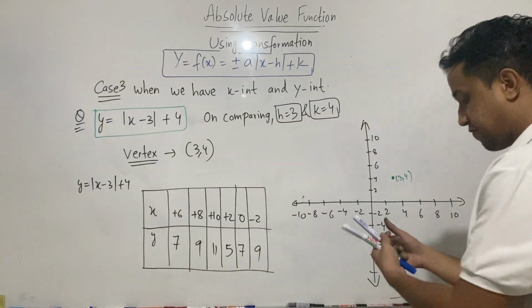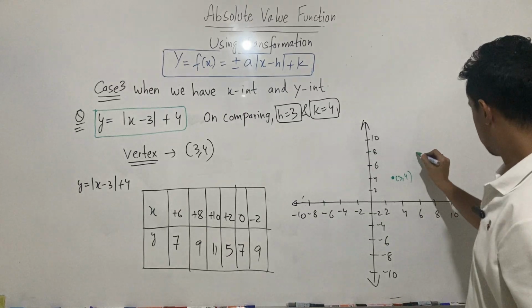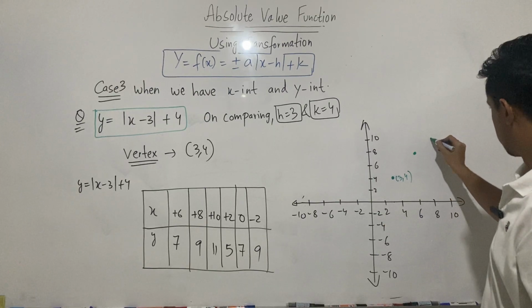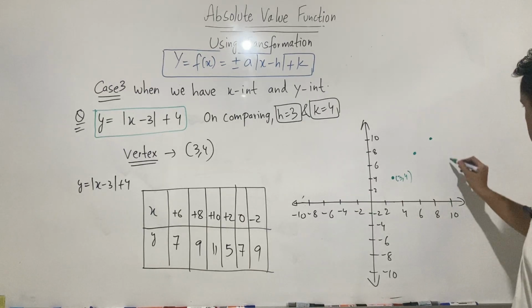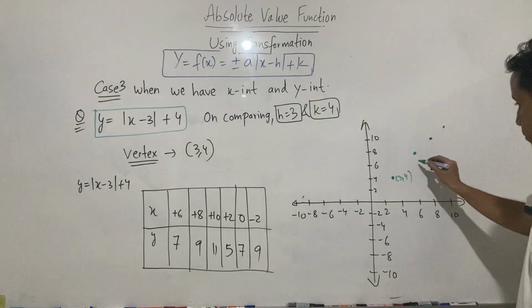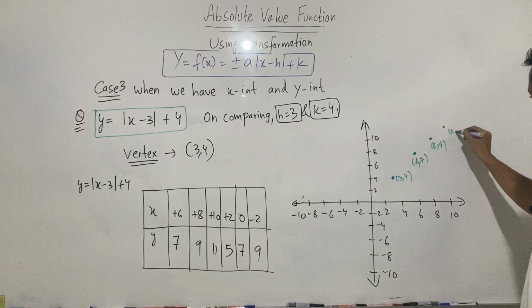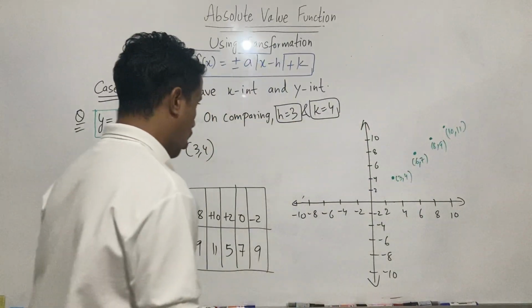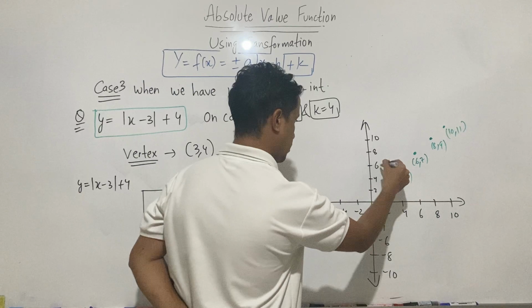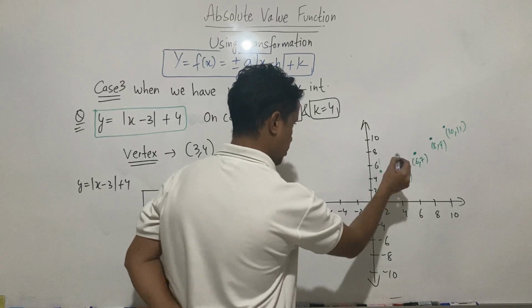Okay, let's find the points. (6, 7), this point. (8, 9), this point. (10, 11), this point. Now on this side, (2, 5), this point.